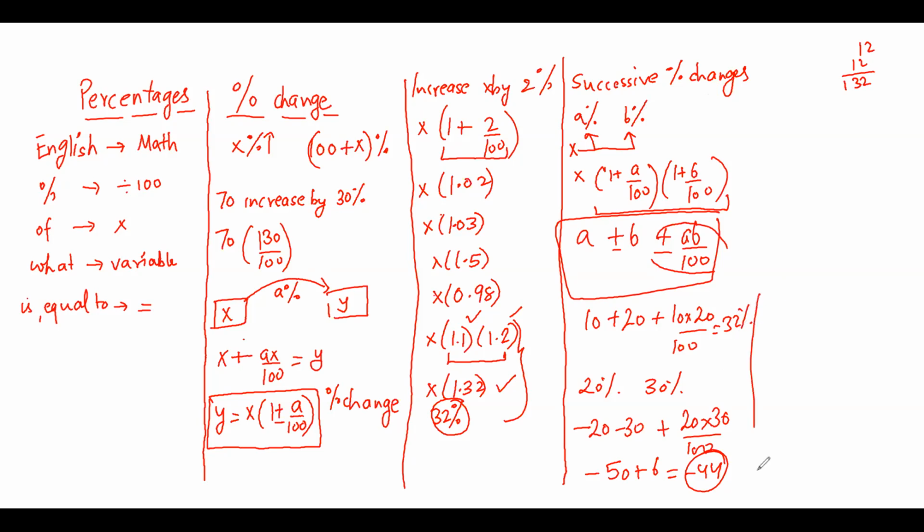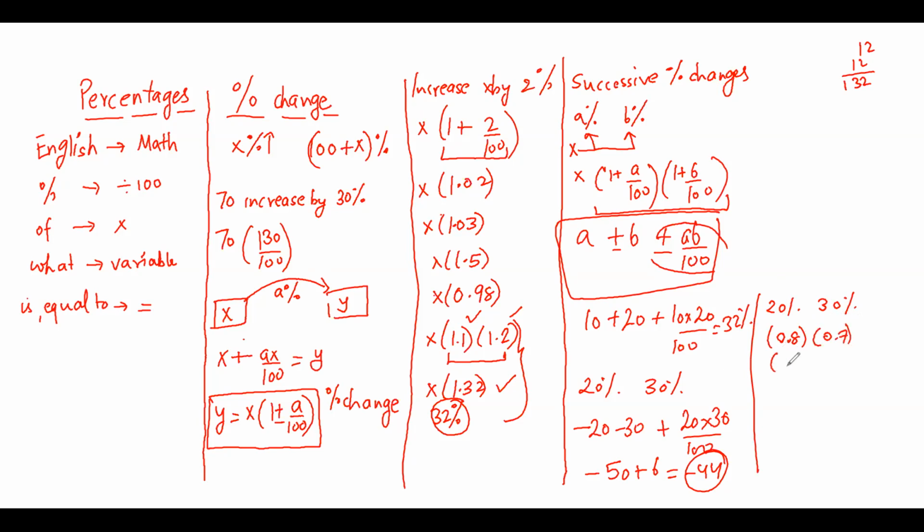Okay, so I gave you a 20% discount and then I gave you a 30% discount. There are 2 ways you can solve this problem. Let's say that first we got a 20% discount, so whatever we had got multiplied by 0.8. And then we got a 30% discount, so it will get multiplied by 0.7.